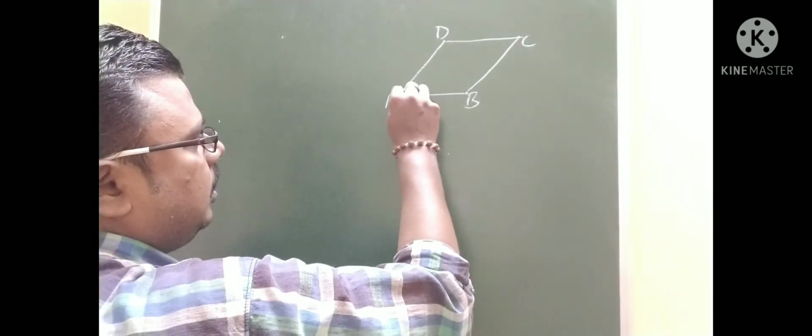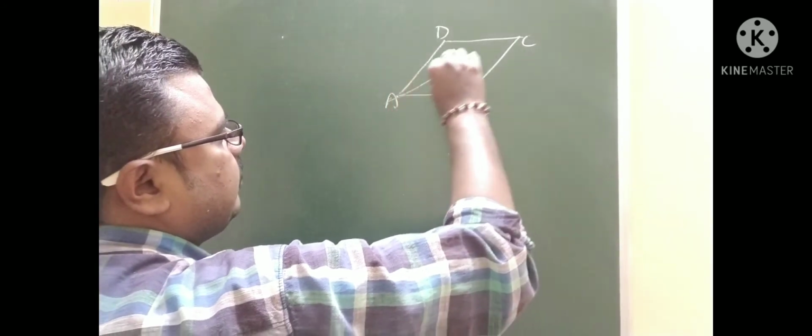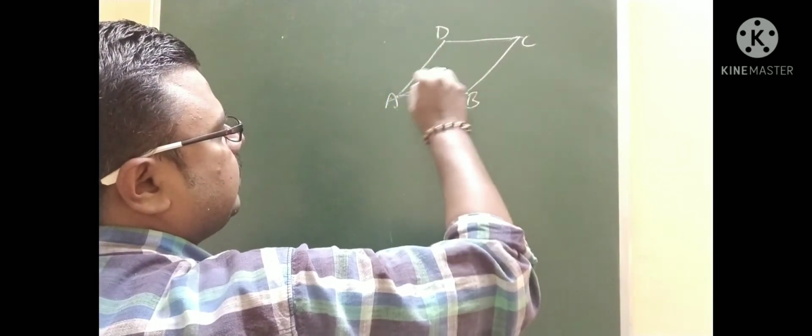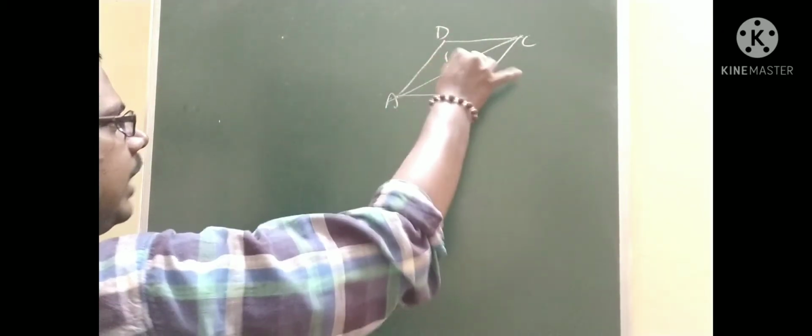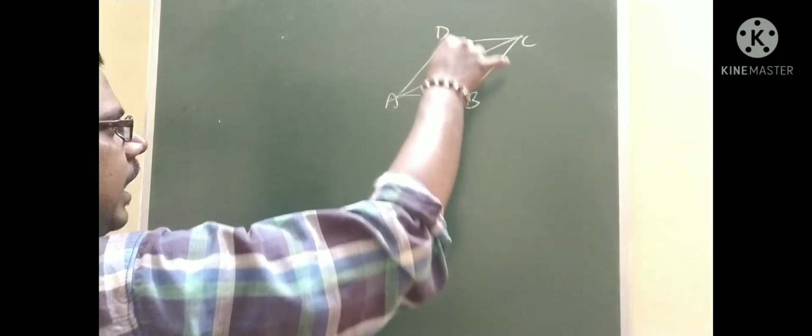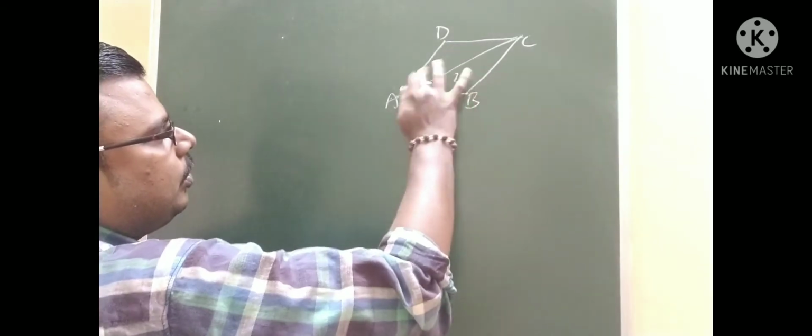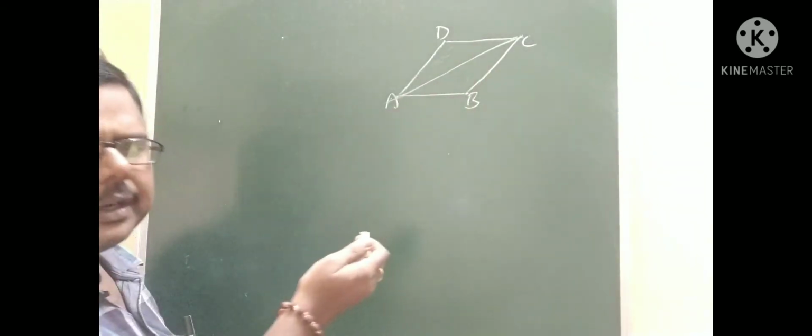First of all, let me join AC. Now due to this diagonal we have these two triangles. We need to prove that these two triangles are congruent to each other. As we have already learned the congruency properties of triangles, we are going to use those properties.